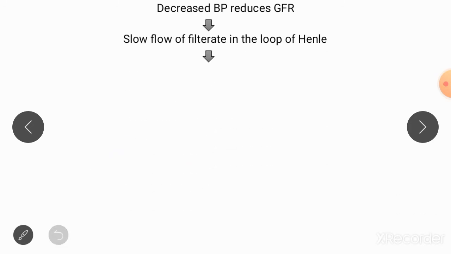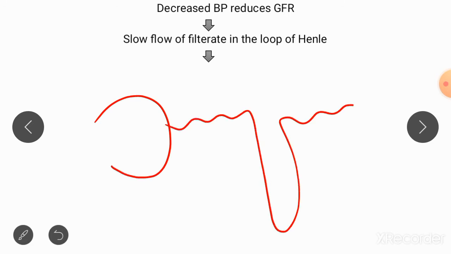As a result, the filtrate being filtered into the Bowman's capsule will be lesser than normal in volume, and will also contain lesser sodium than normal. And since the filtrate is less in volume, its flow rate across the nephron will also be reduced.